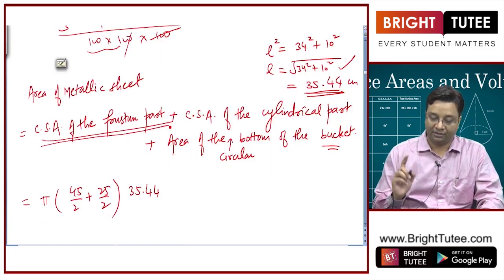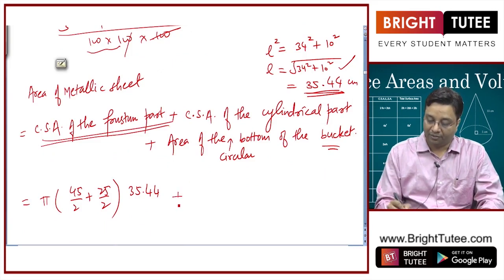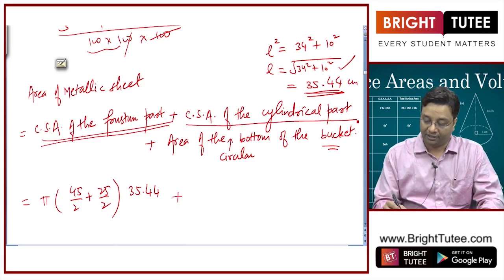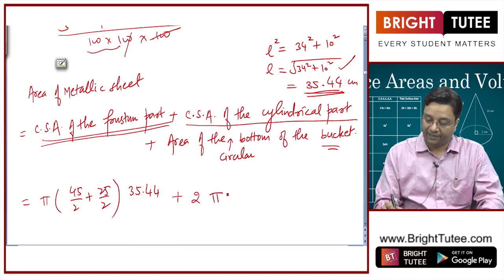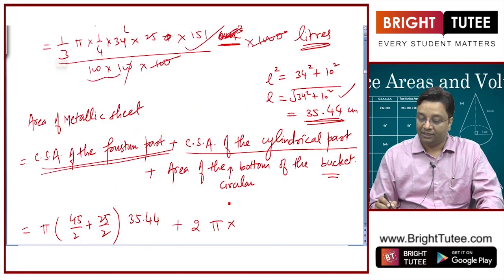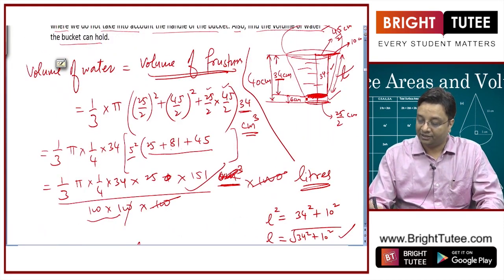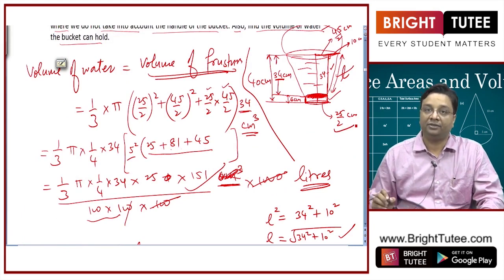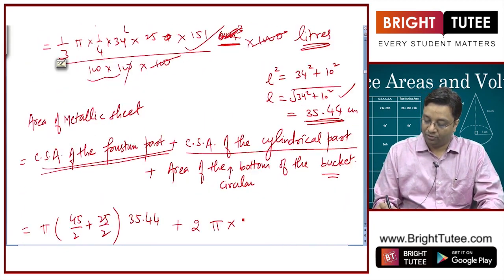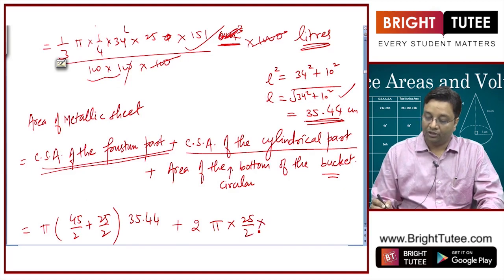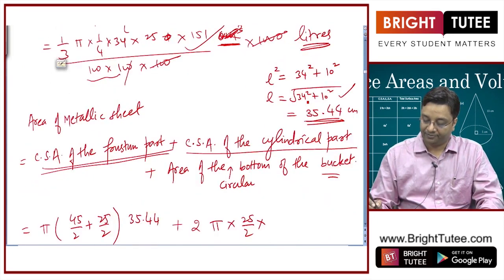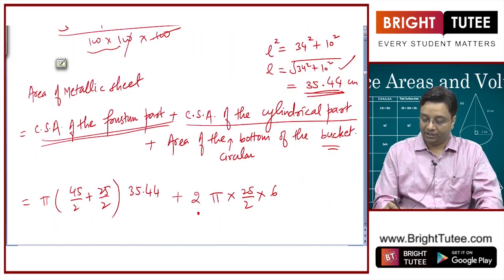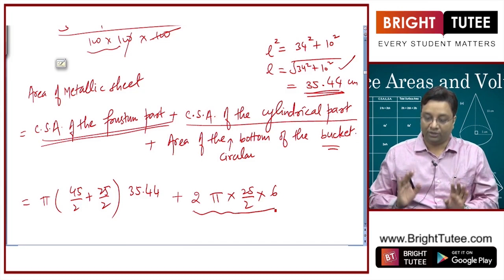This is the curved surface area of the frustum part plus curved surface area of the cylindrical part, that is 2 pi radius into height. So 2 pi, what is the radius of the cylindrical part here? This cylindrical part we are talking about. It is same as 25 by 2. So 2 pi radius into what is the height of this cylindrical bottom? It is 6 centimeter. So the curved surface area of the cylindrical part is also done.